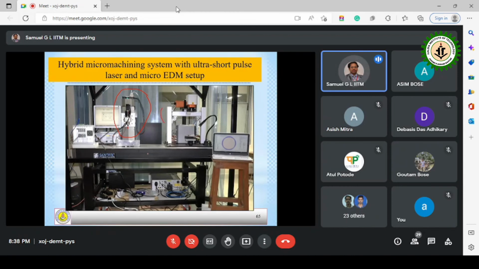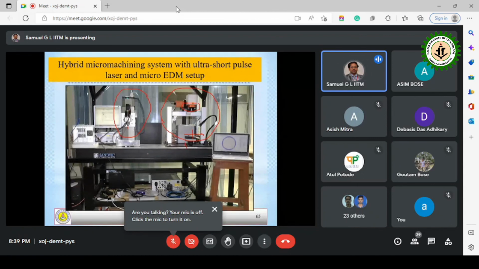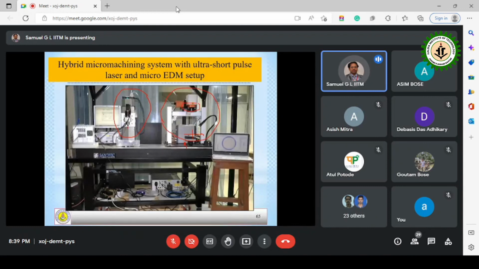And this setup is the femtosecond laser setup, where we have what is called an F theta lens. By changing the lens, we can make the ray move in both the X and Y directions. And then by using this stage, we can move it in the vertical direction. Thus, we can make three-dimensional movement, and then we can machine the features.